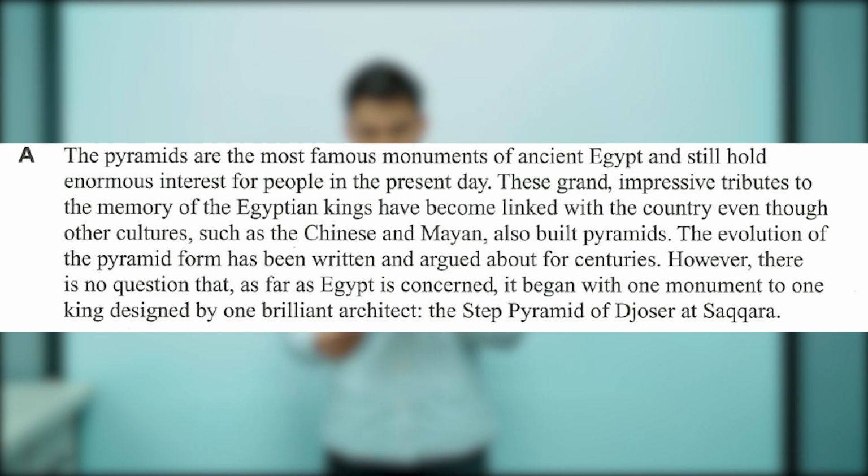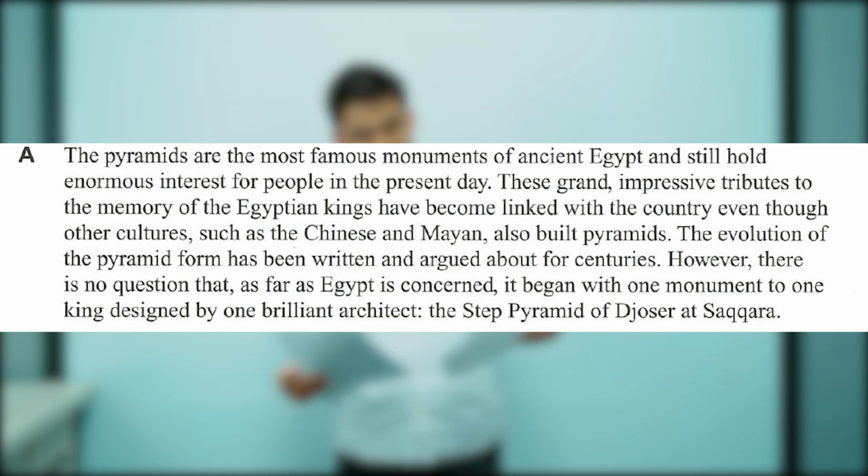So now, before even going to the questions, which is the list of headings, I want you to think: what did you read about? You always do this strategy. You read one paragraph, you ask yourself, what did I read about? First, you read that it is argued about for centuries.